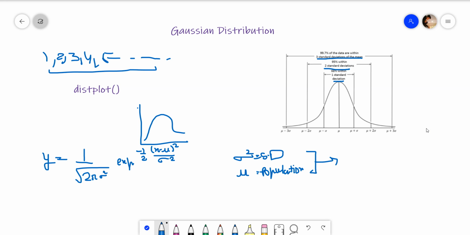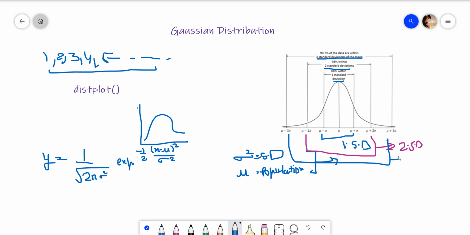We already talked that this is our first standard deviation, this is our second standard deviation, and this is our third standard deviation.